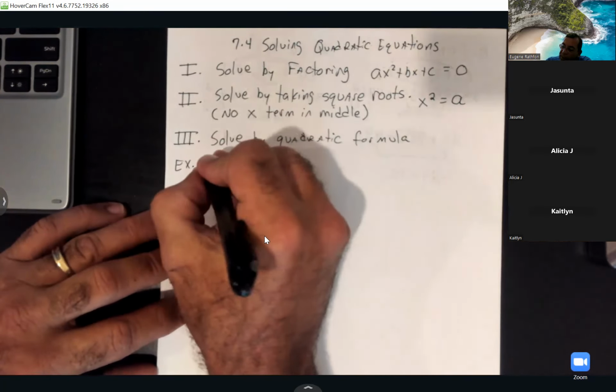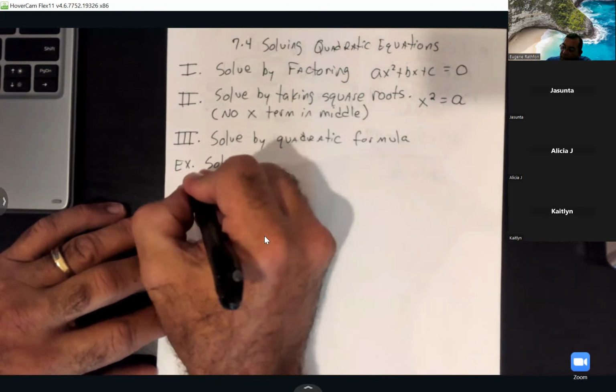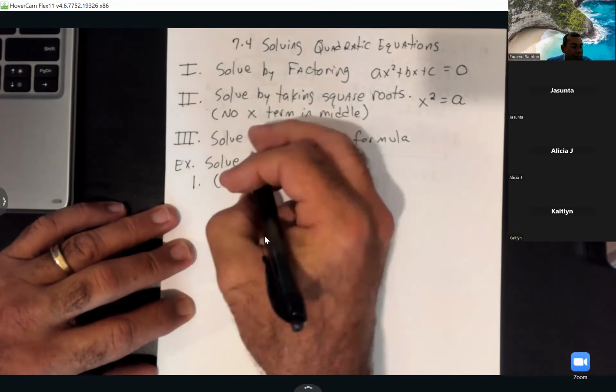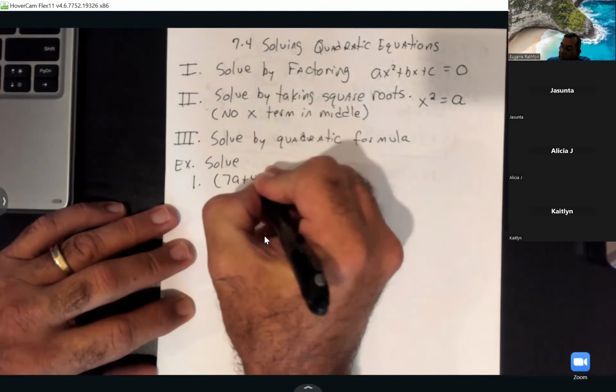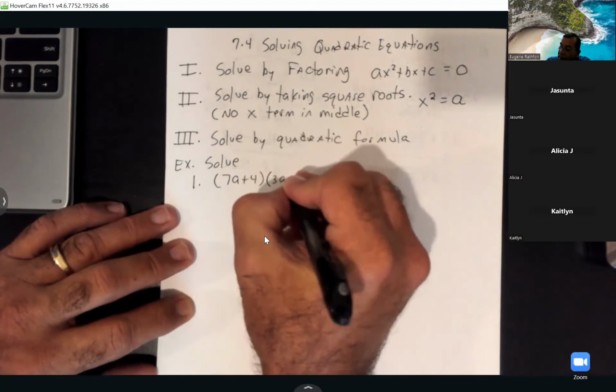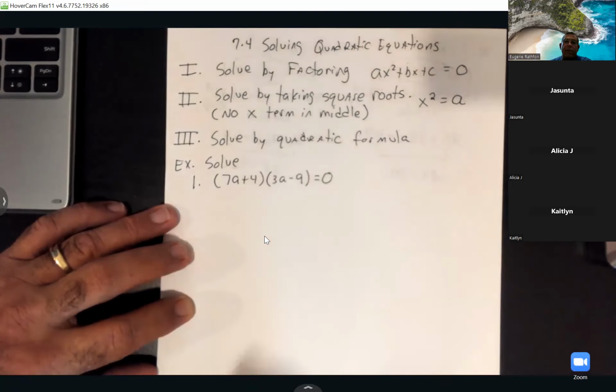So y'all, first one says solve. I got a 7a plus 4 times a 3a minus 9 equal to 0.